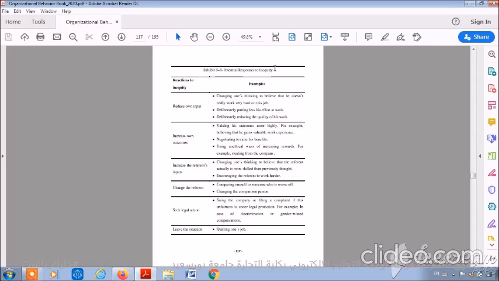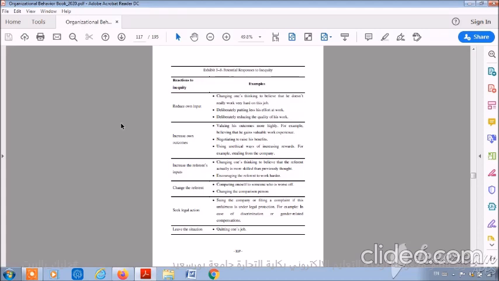For example, on the left hand, you will find the row, reactions to inequity, and there are examples for each reaction. The first reaction is reduce own input. In order to feel equity, the employee, the current incumbent, will try to reduce his own input.